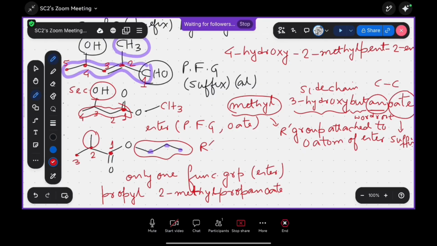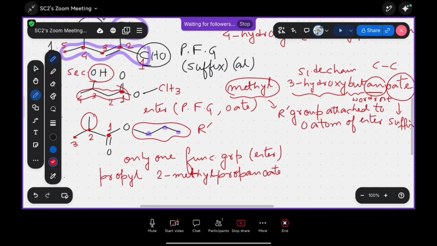That means this propyl, the propyl that we have written at the beginning, is the R dash part. Remember that the ester functional group itself contains a carbon atom, so it is given as 1. And then at the 2 position there is a substituent, a side chain, which is methyl. So it is propyl 2-methyl propanoate.